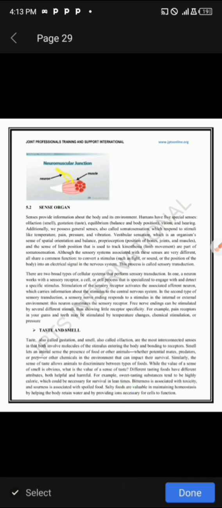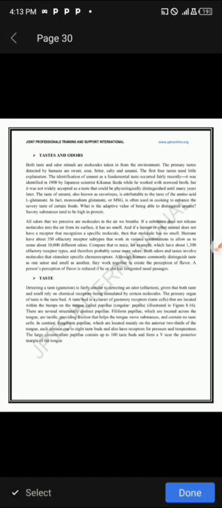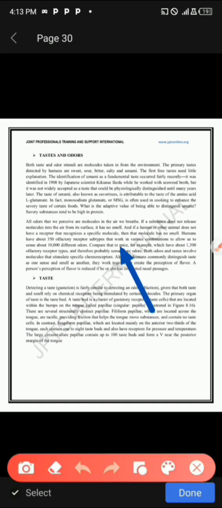Another one is taste and odors. Both taste and odor stimuli are molecules taken in from the environment. The primary tastes detected by humans are sweet, sour, bitter, salty, and mild.